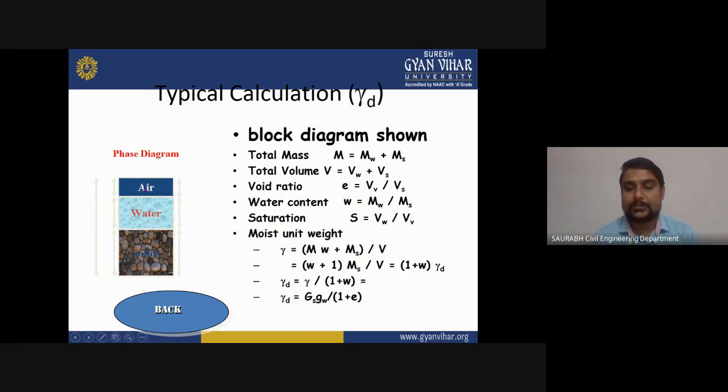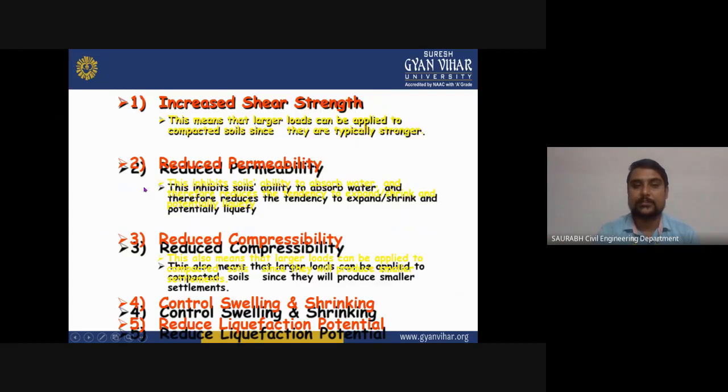And this is the moist soil unit weight, represented by gamma, which will be equal to MW plus MS divided by total volume, and it will become (W plus 1) MS upon V, which will be equal to (1 plus W) gamma D. And gamma D here we can write as gamma upon 1 plus W, where W is the water content, and gamma D will become Gs Gw upon 1 plus e, where e is the void ratio.